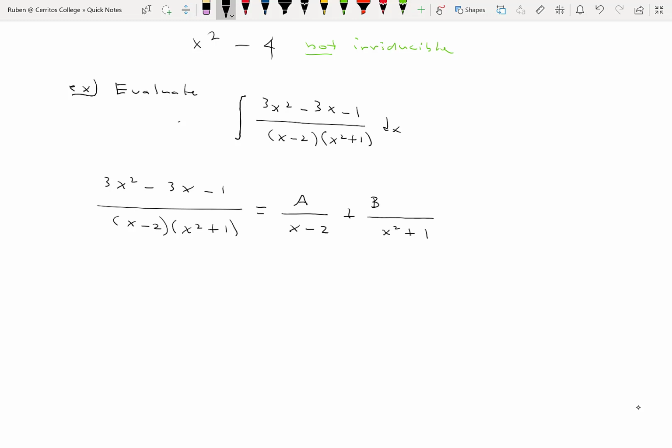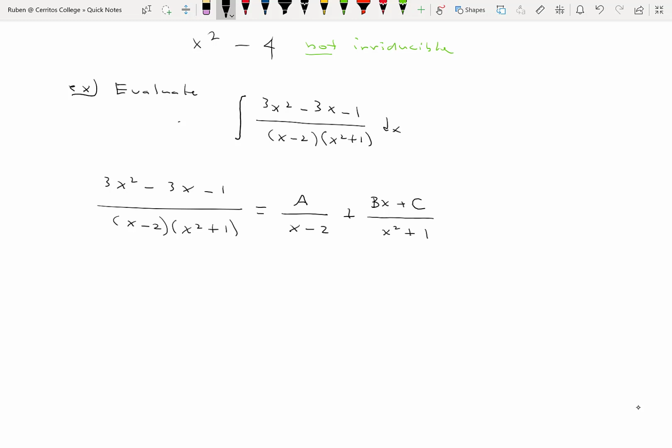We assume the numerator is of degree exactly 1 less than the denominator. The degree of the denominator is 2, so the numerator will be a polynomial of degree 1, bx plus c. And that's the key. When you have irreducible quadratic factors, you assume the numerators have a constant x plus another constant, bx plus c in this case.